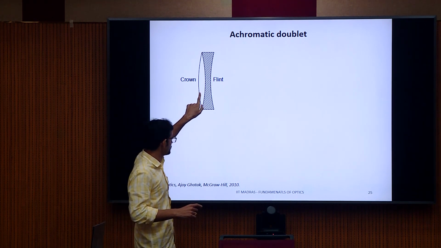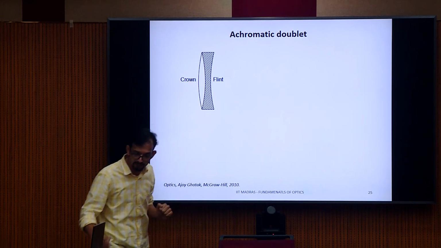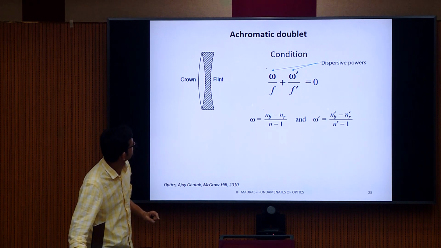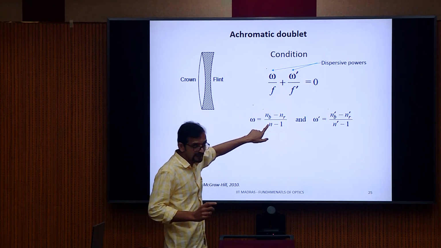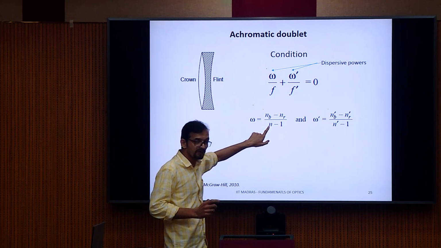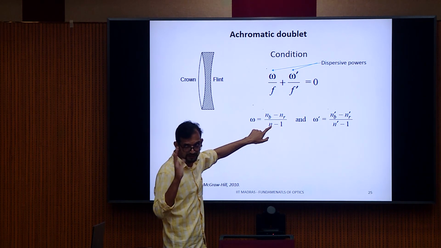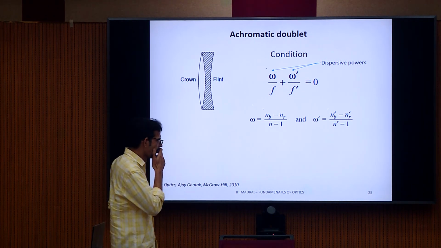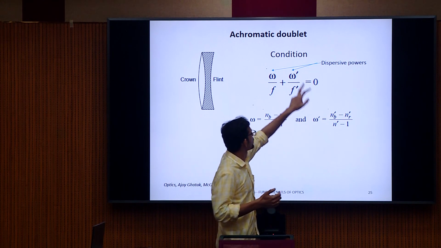Here the important thing is you have to use two materials. I will tell you why. The condition is: omega is basically the dispersive power, (nB minus nR) divided by (n minus 1), where n is the average refractive index, which we usually take for green in the visible range. And this is for the second material.